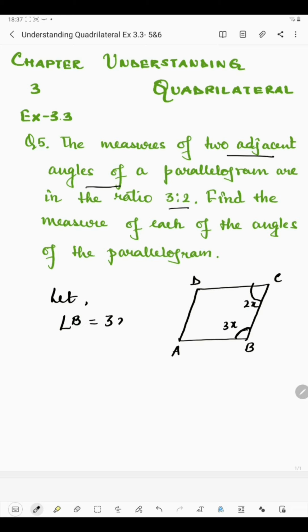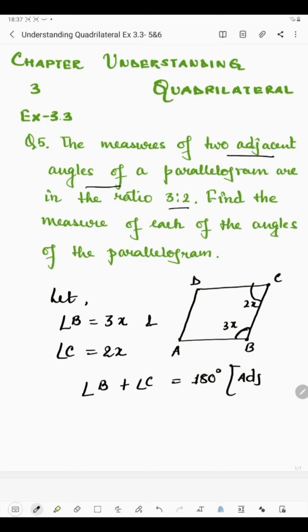equal to 2x. Now we know that the adjacent angles in a parallelogram are supplementary. Angle B and angle C are adjacent angles and the sum of these is 180 degrees. So we will write angle B plus angle C is equal to 180 degrees.